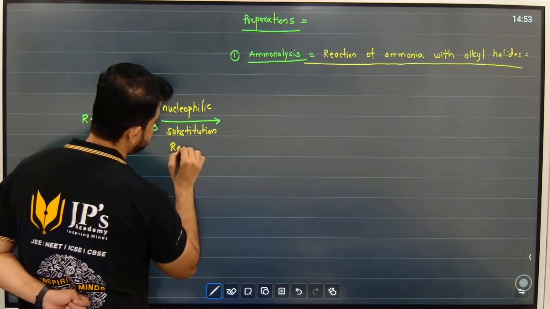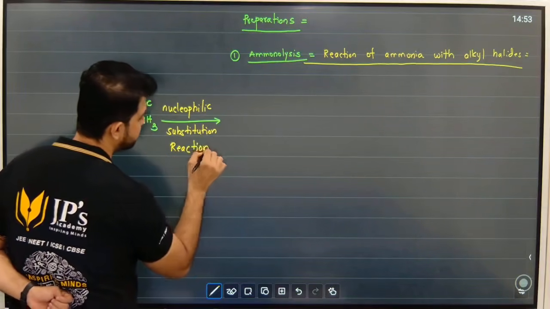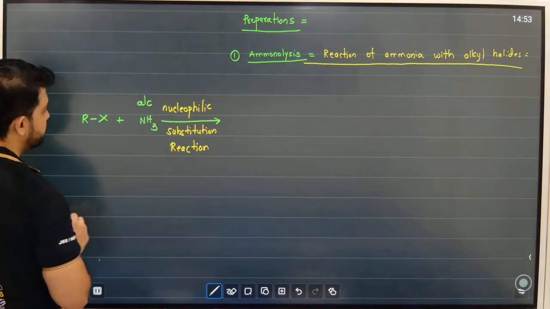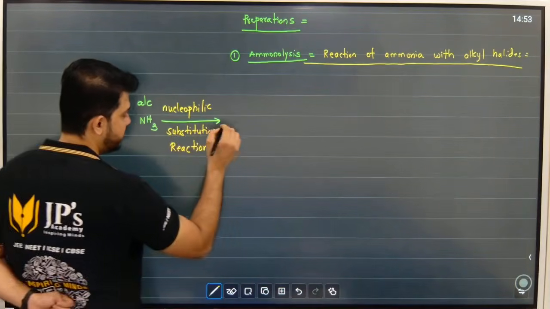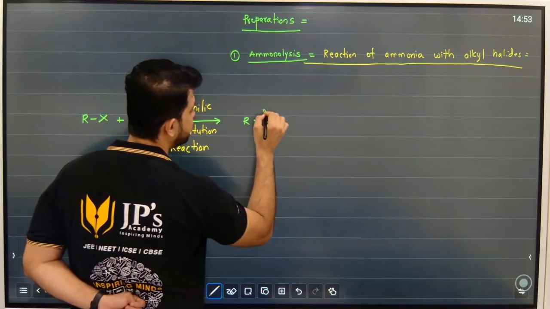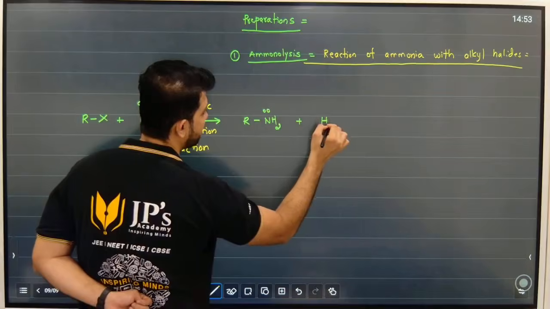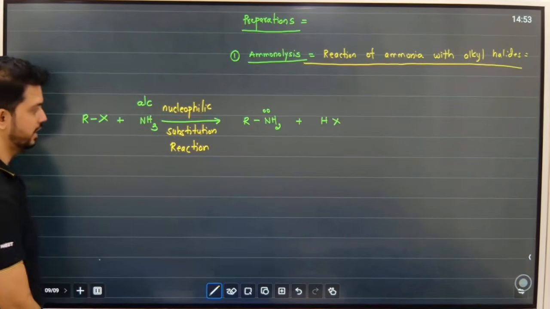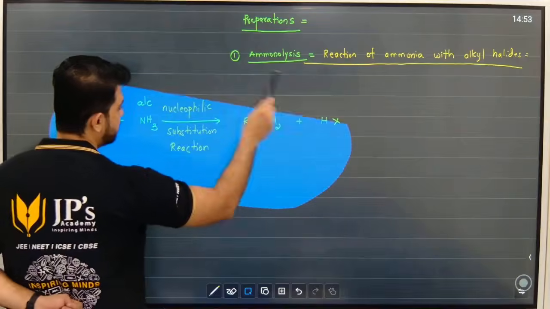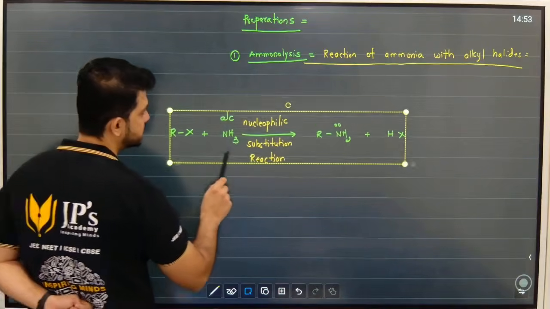I hope students have learned SN1 and SN2, nucleophilic substitution reaction. Now what happens over here is students, अगर हम ध्यान से करें, we get RNH2, हमें मिलता है primary amine and hydrogen halide.